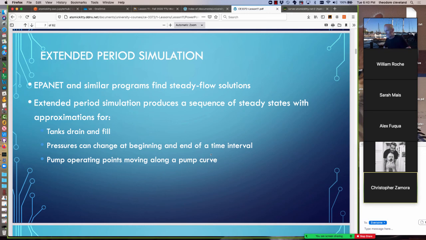And the typical time unit for the hydraulic simulations is typically on the order of 1 hour. So each time step is an hour, so we would do hourly simulations. And that's a pretty good time step for this approximation to be reasonably valid, because a change in flow, the pressure wave it creates, will propagate through a pipeline system at about 5,000 to 6,000 feet per second.